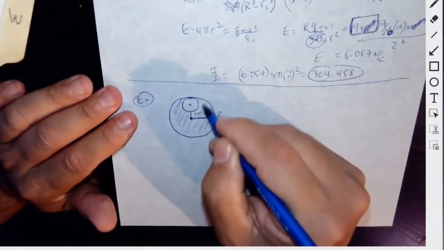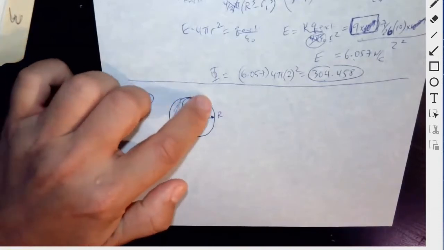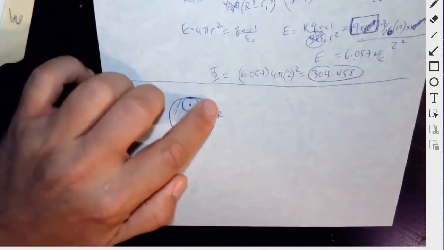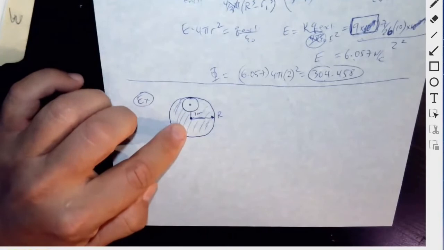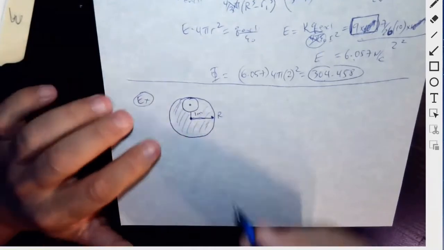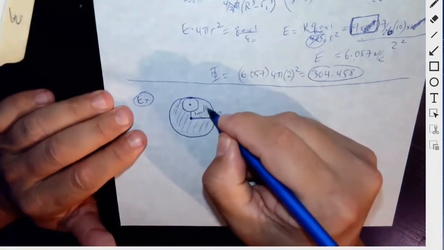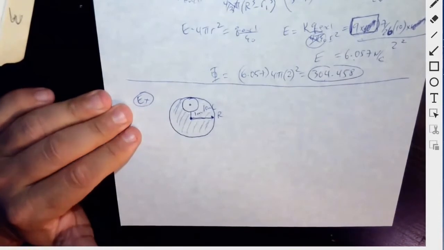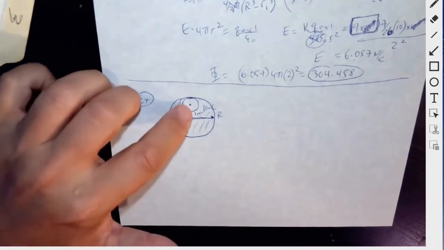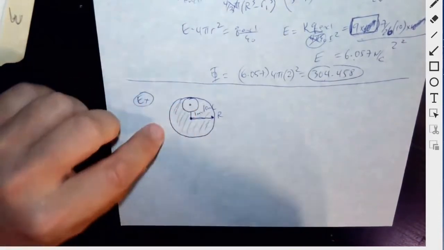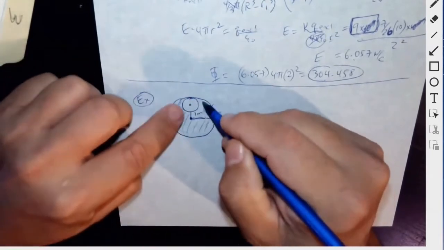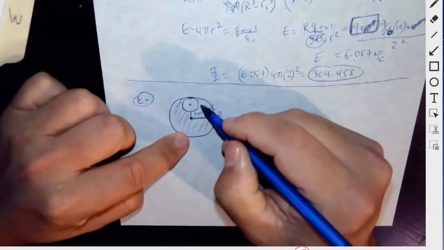Okay, so let's again assume that the total charge of the sphere is such that it's still 10 nanocoulombs. But now there's a hole inside it. So you've got the same amount of total charge here, but it's got a hole here.